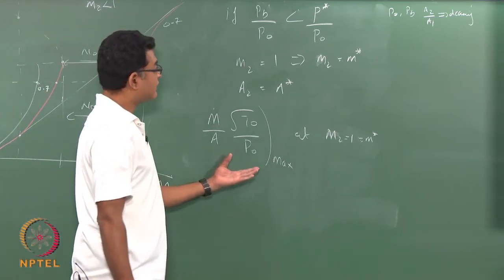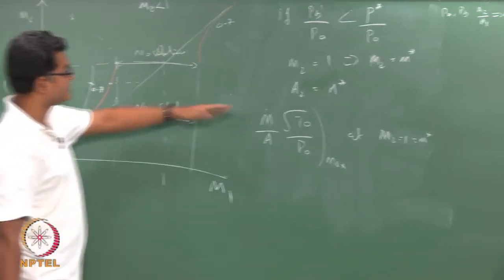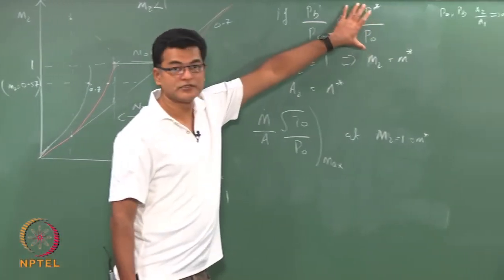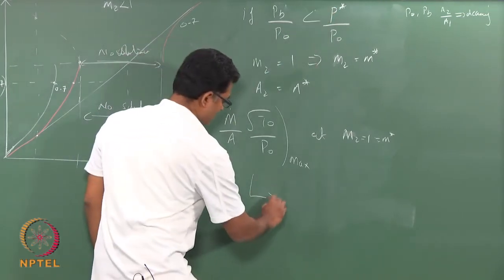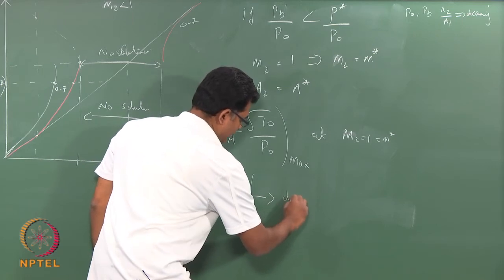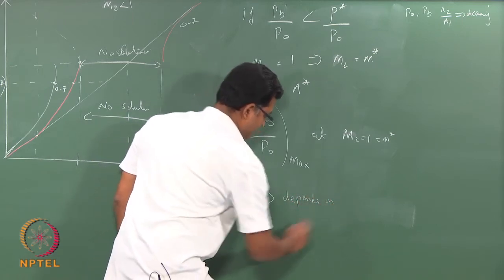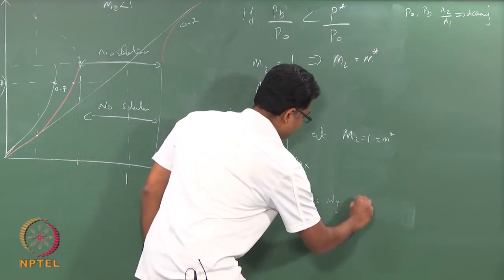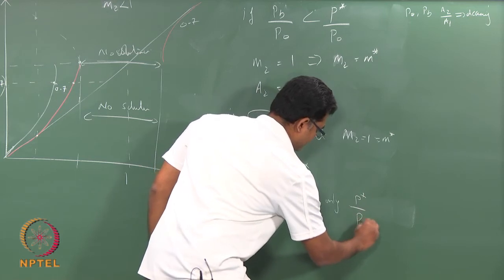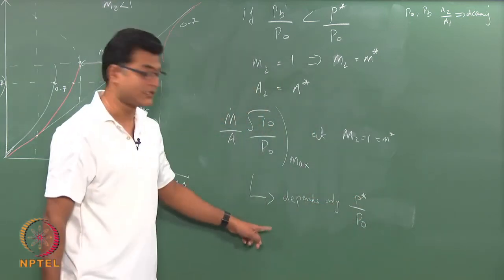So, this maximum flow rate you are achieving at some conditions depends only on your pressure ratio, P star by P0, which is a constant.